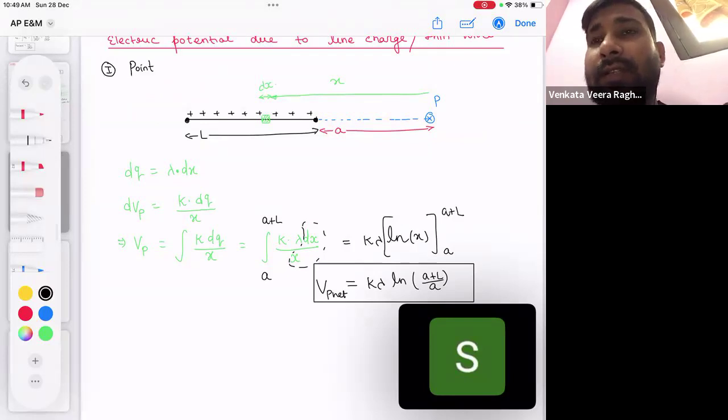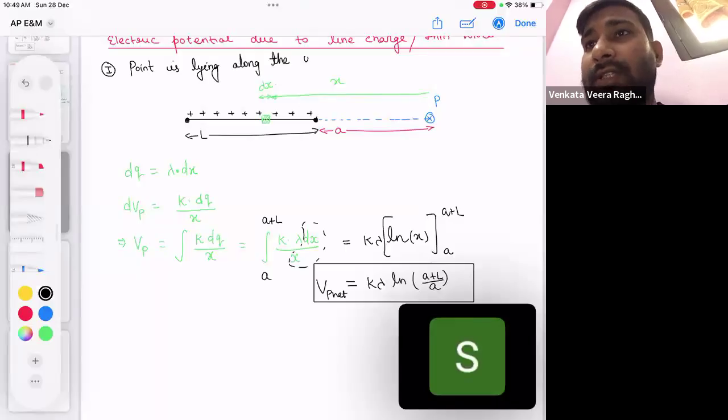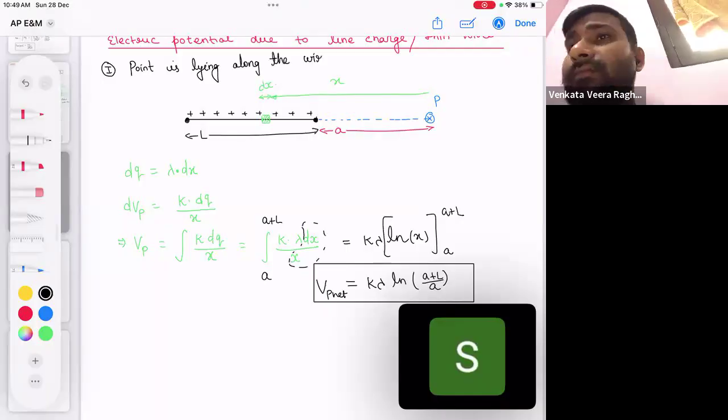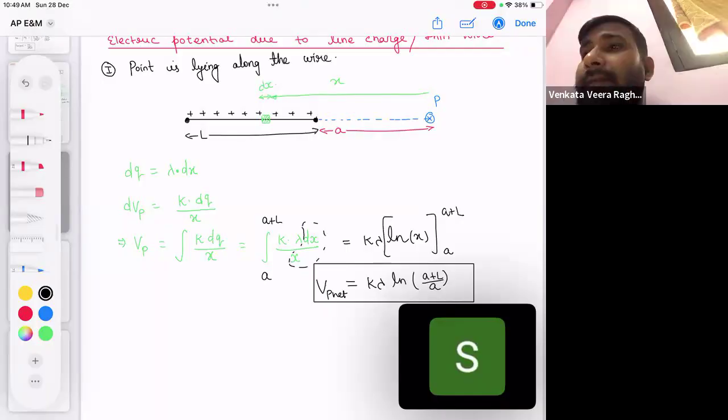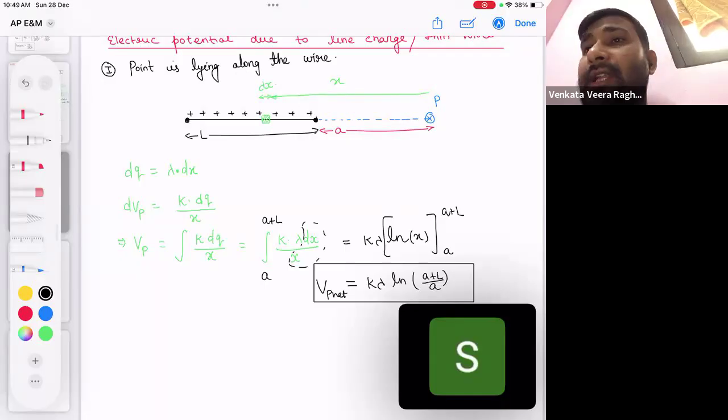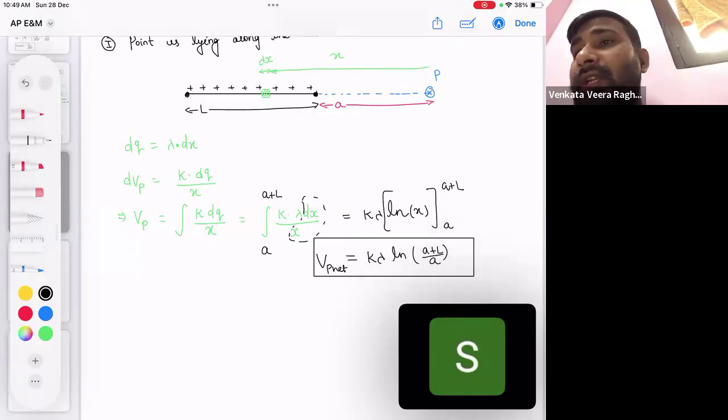In the first case, the point is lying along the wire. Is the first case clear? The net potential at point P, how much did we get? K lambda ln of (a plus L) by a. Clear up to this? Please tell me.